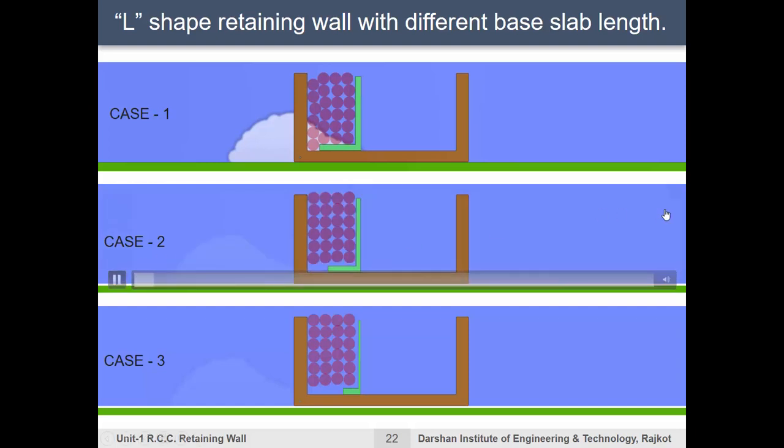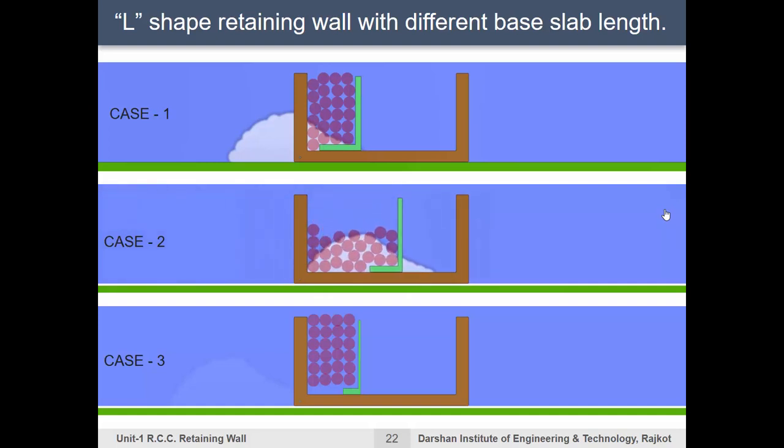In the second case, with decreased base slab length, though the stabilizing moment is greater than the overturning moment, the retaining wall slides towards the right, as the frictional force between the retaining wall base and the container surface is less than the horizontal force exerted by the granular material.